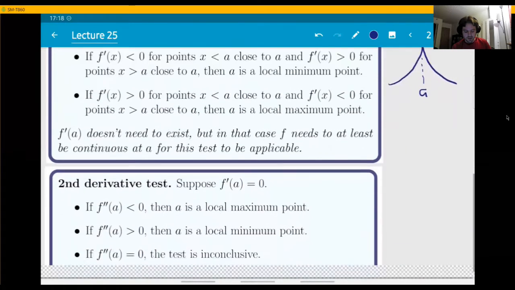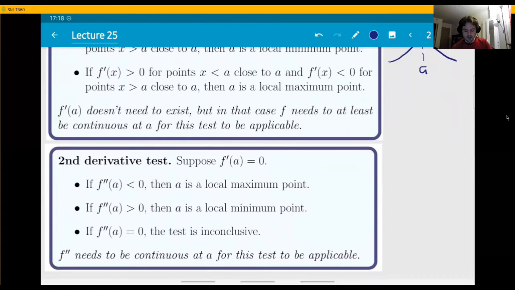Second derivative test, first of all, it's important that you are at a critical point where the derivative is zero. So you're talking already about an A such that f prime is zero. If that happens and you're able to look at f double prime, then the test works like this. If f double prime is negative, A must be a local maximum. That's easy to think about, right?